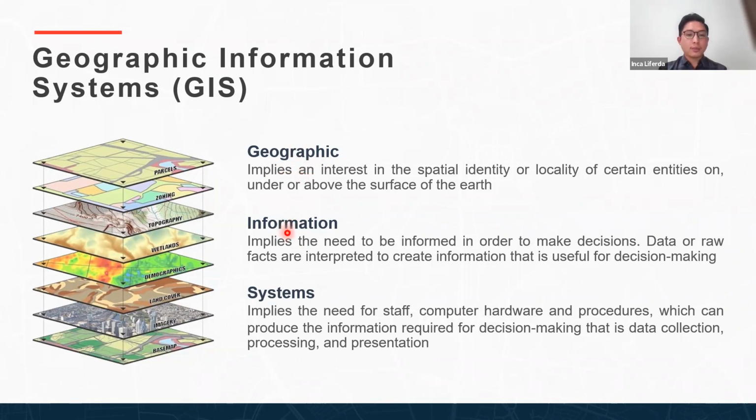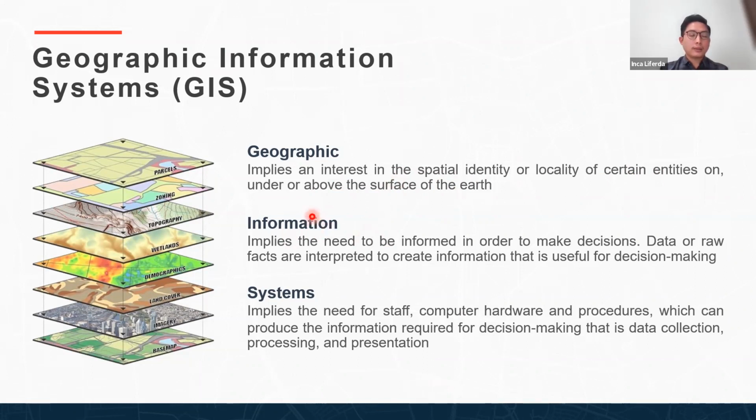And then what about the information? The information is about the need for being informed to make decisions. So based on the spatial locations or spatial data, on, under, or above the surface of the earth, we can know the information.